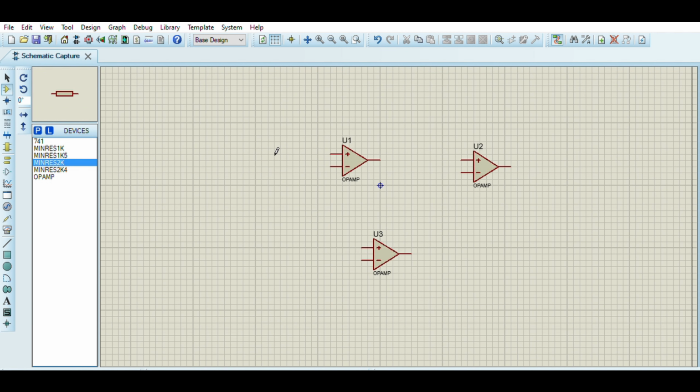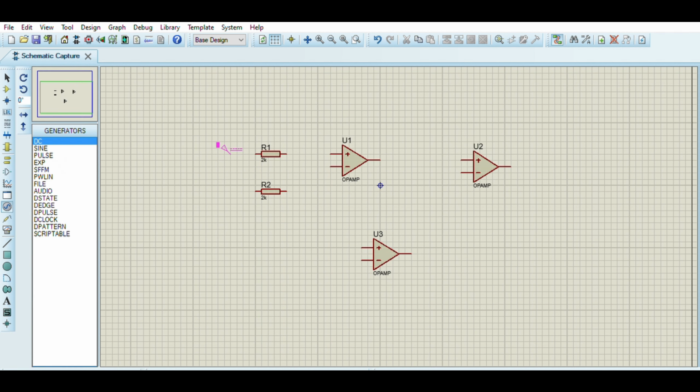and the 2k resistor is connected with the DC generator. So the value of the first DC generator is equal to 4 volt, and the value for the second DC generator is equal to 2 volt.